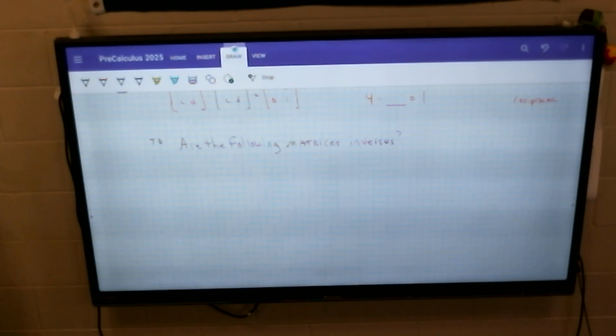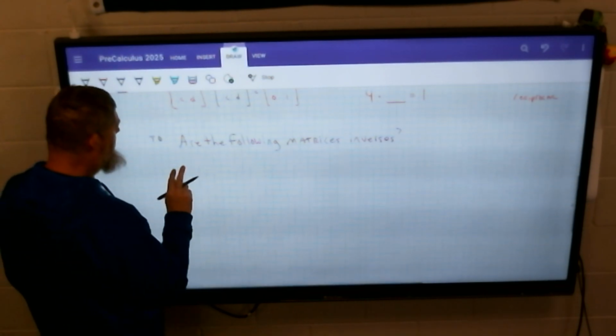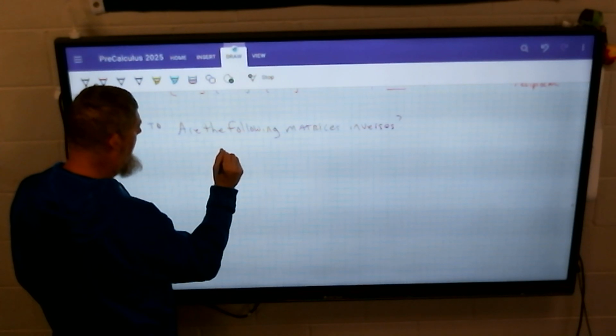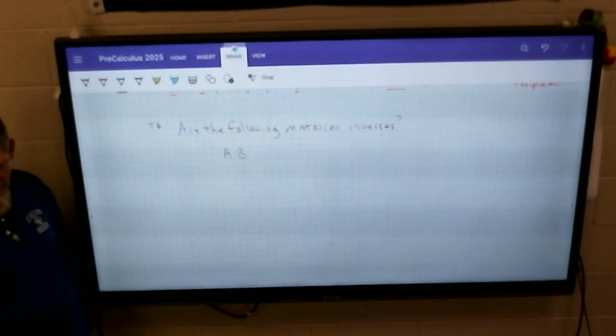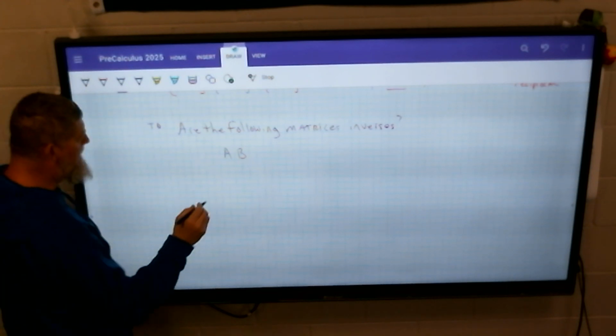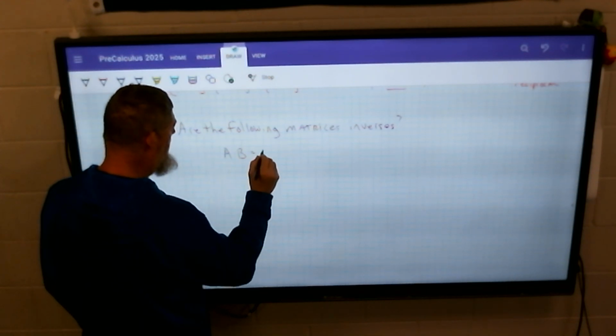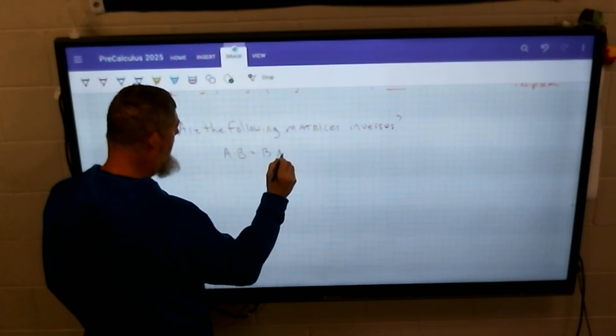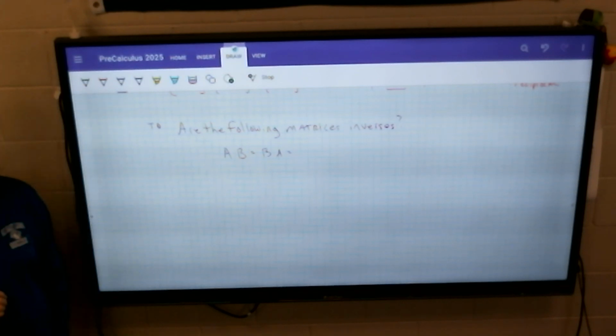Well, to show this, to answer, the two matrices will be called A and B, okay? A times B must be equal to B times A, which must be equal to what?